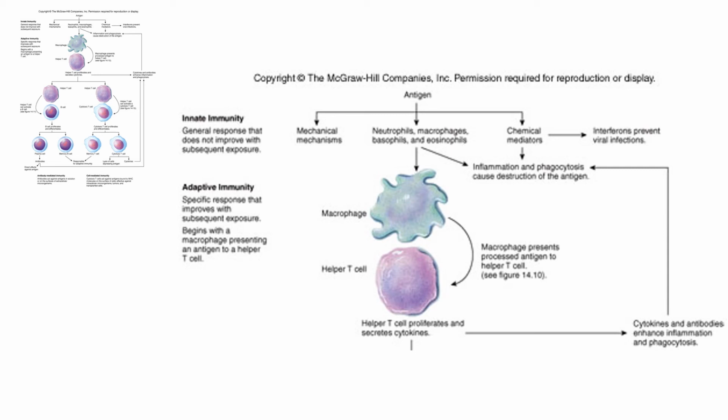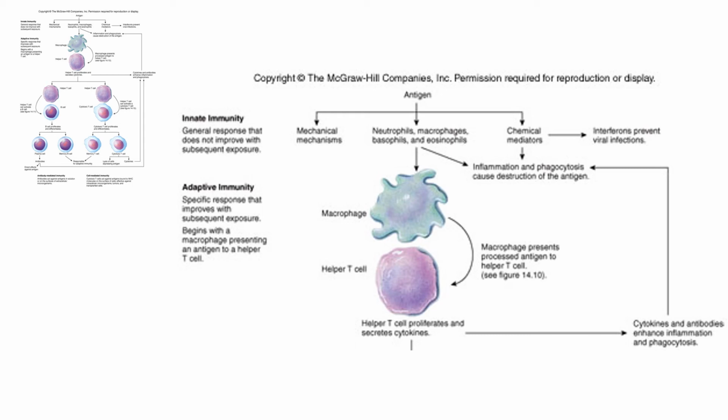Next in this image is actually the immune interactions. It shows you the major interactions and responses of the innate and adaptive immunity to an antigen. So you have here what you call your antibody-mediated immunity, wherein your antibodies act against antigens in solution or on surfaces of extracellular microorganisms.